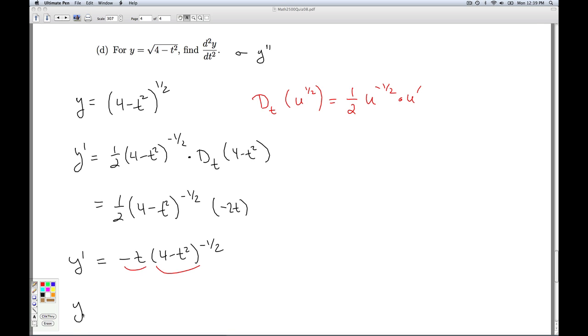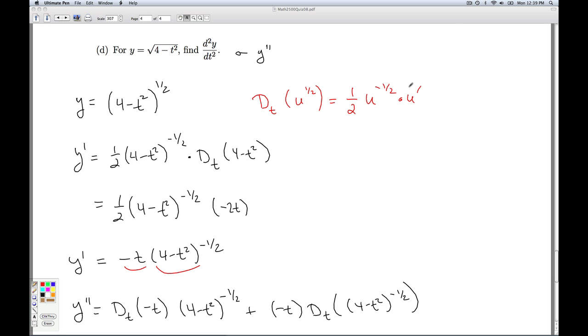So y double prime then is the derivative with respect to t of the first factor times the second factor, plus the first factor times the derivative of the second factor. And we're going to pick up with that where we get some more room.